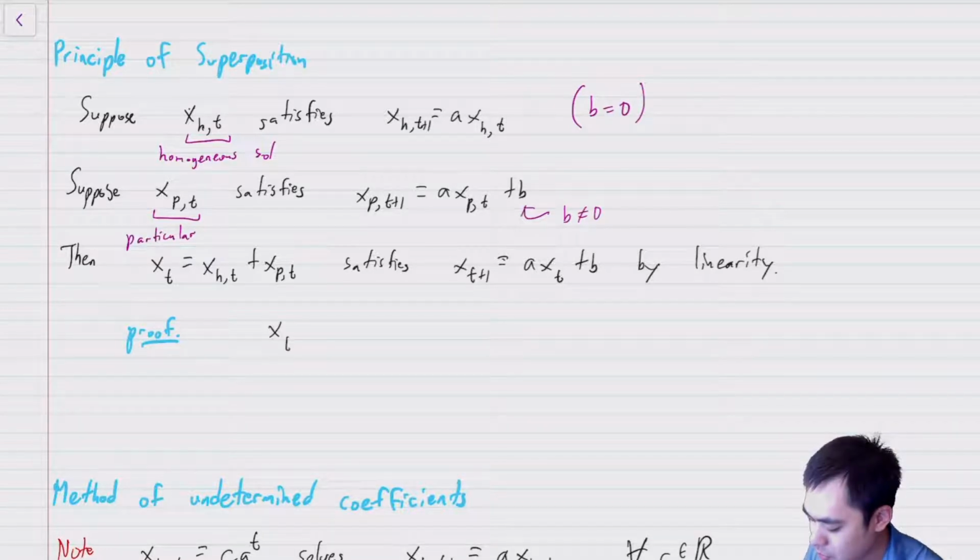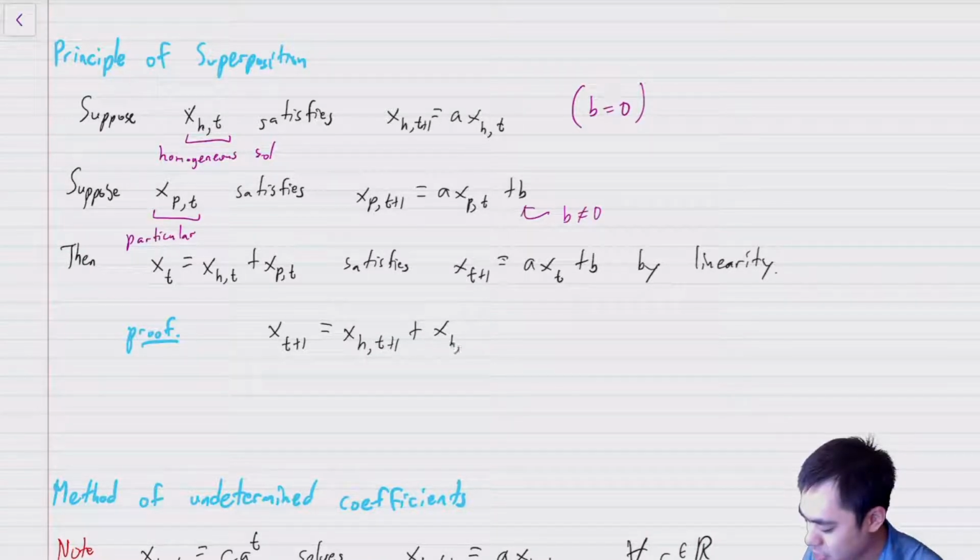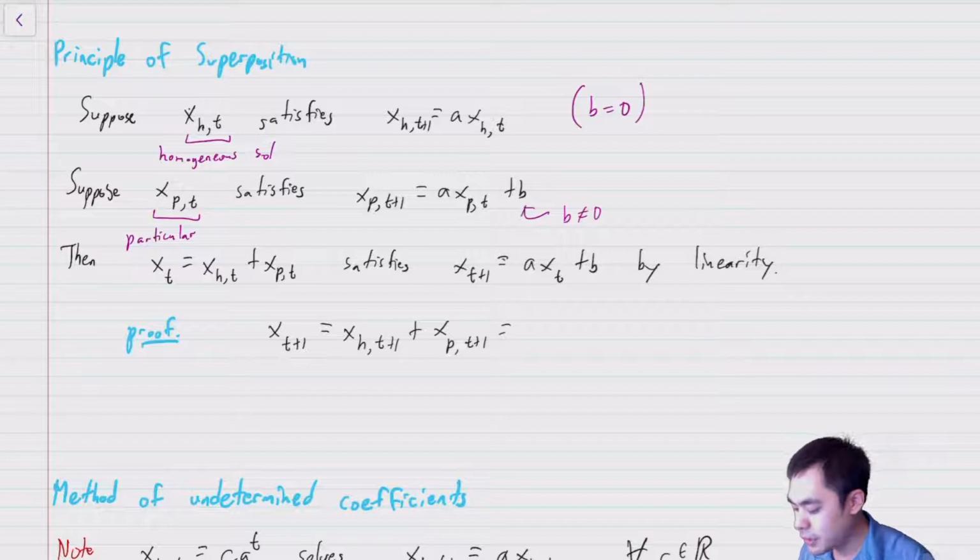Well, x sub t plus 1 is equal to x sub h comma t plus 1 plus x sub p comma t plus 1. And you can just plug each of these in.